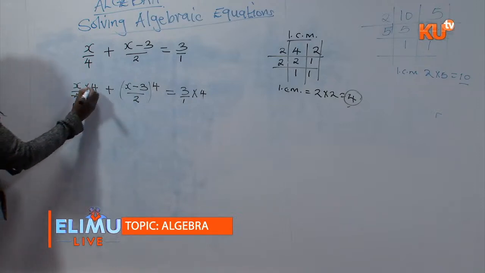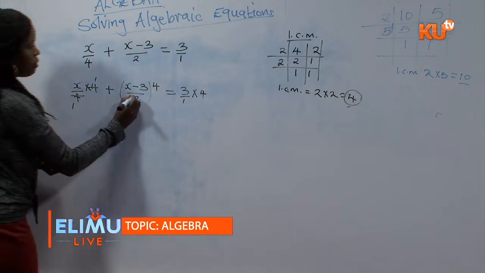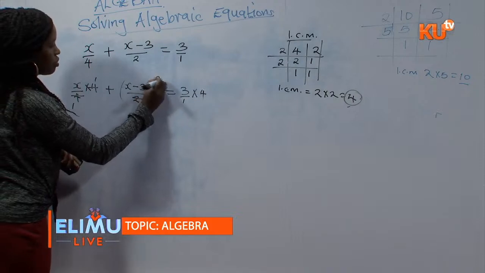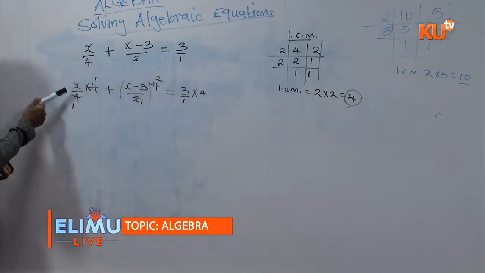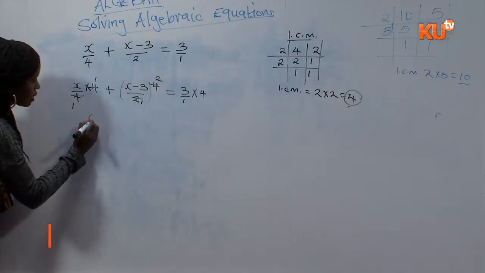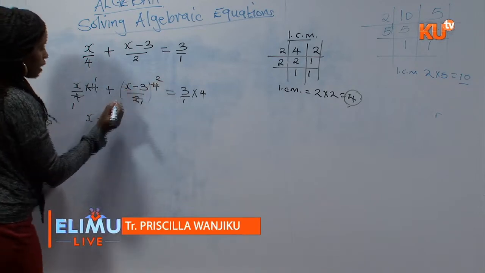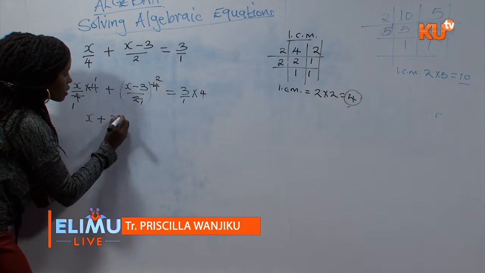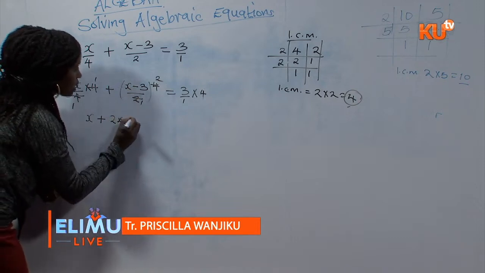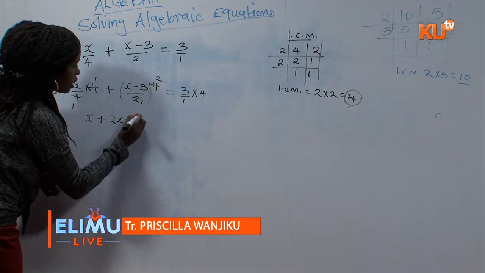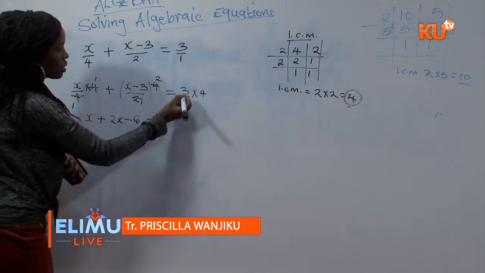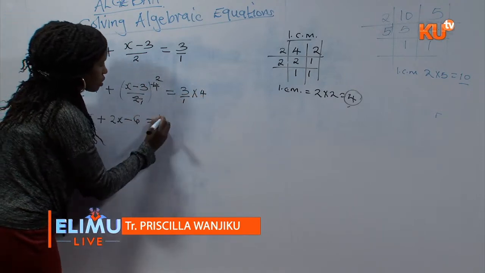By 4, 1, by 4, 1, by 2, 1, by 2, 2. x times 1, we get x, plus 2 times x, we get 2x. The sign is minus. 2 times 3, we get 6, is equal to 3 times 4, which is 12.